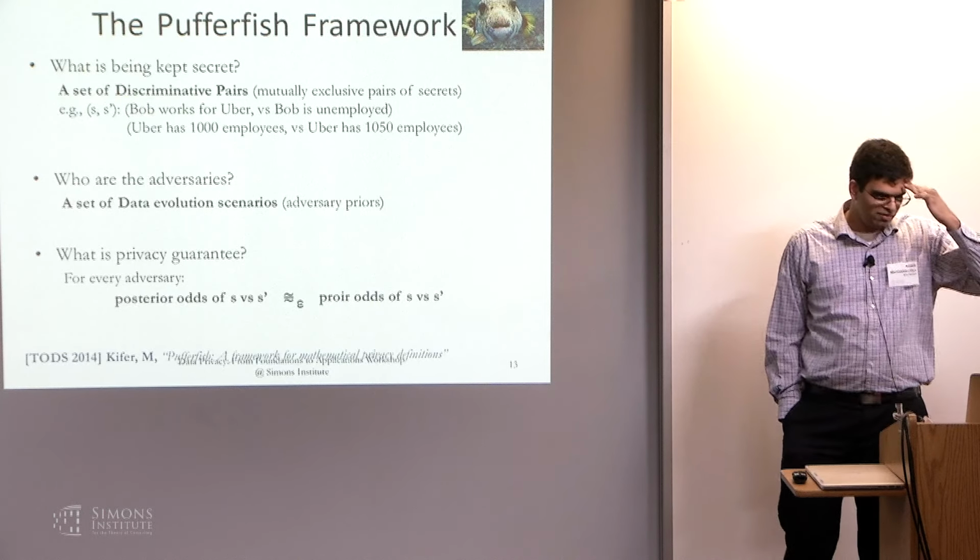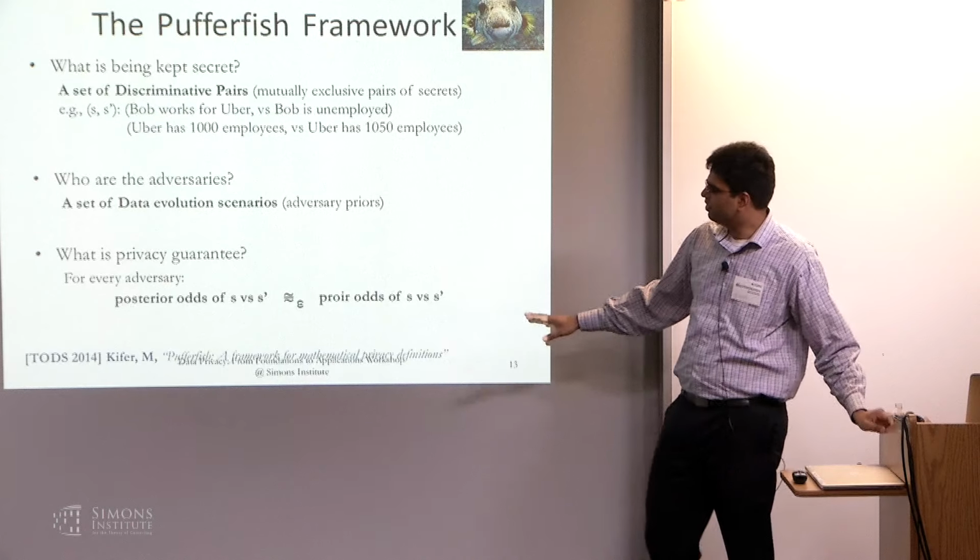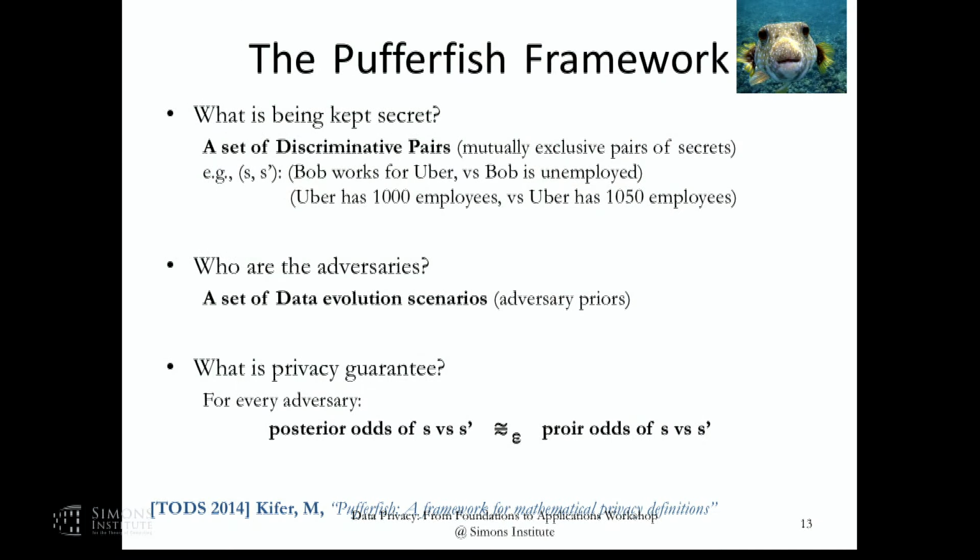One way is to think in terms of adversaries who have some priors, and you're looking at the posterior likelihood of some property given the output, versus the likelihood of some other property given the output, right? And if you want this kind of privacy guarantee, there are always arbitrarily bad priors under which you can get no kinds of bounds, right?